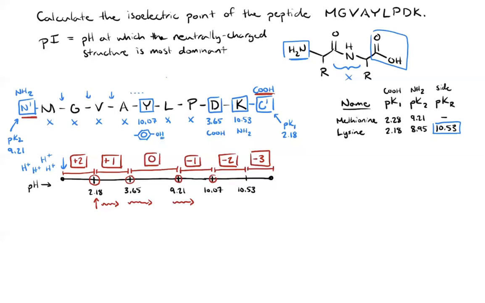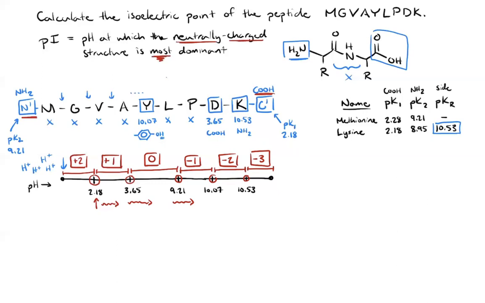So now the question is, where is our isoelectric point? We've identified all the net charges at all the different regions in this pH scale. And the place that we're interested in is the place at which the neutrally charged structure is most dominant.